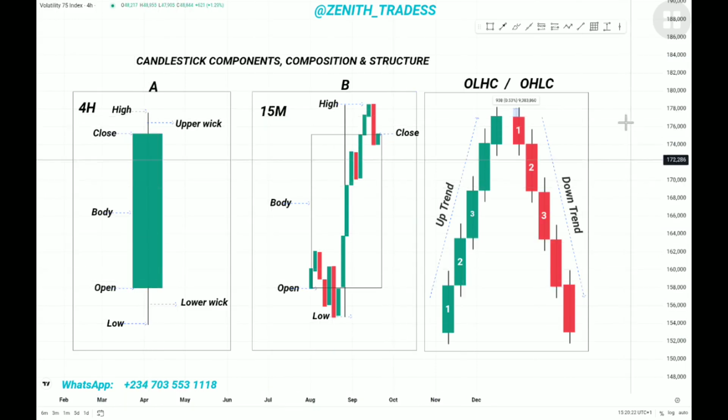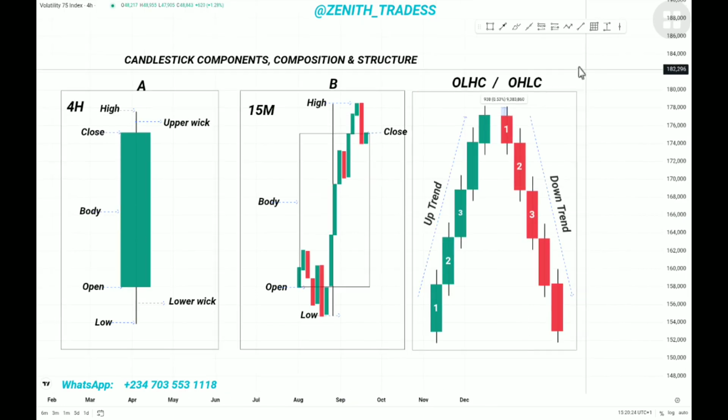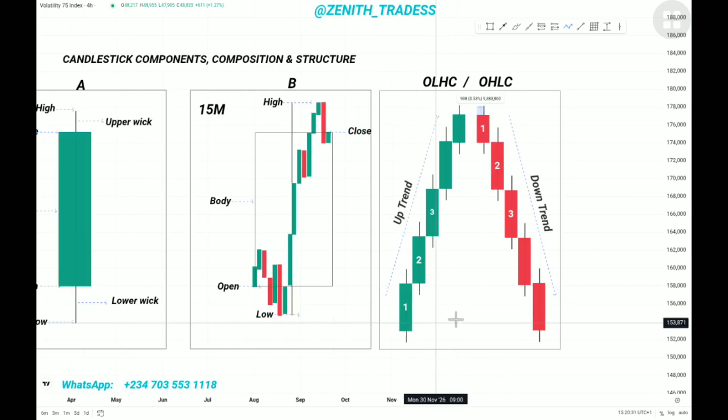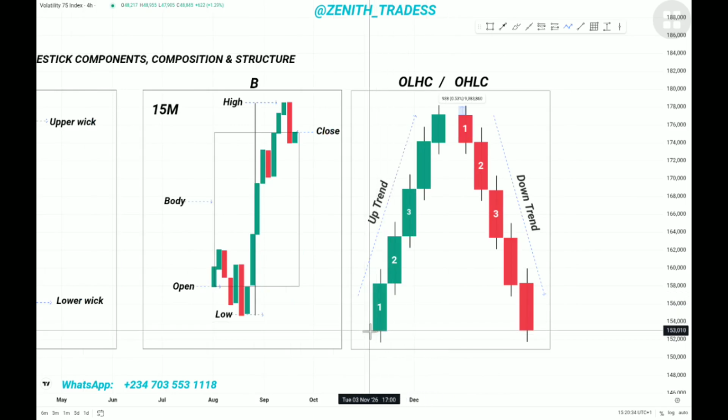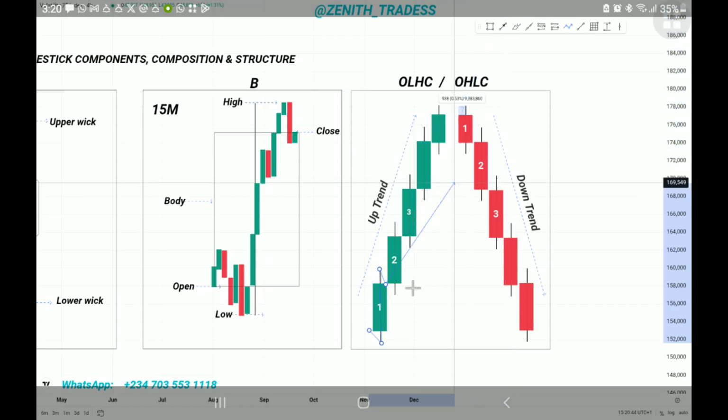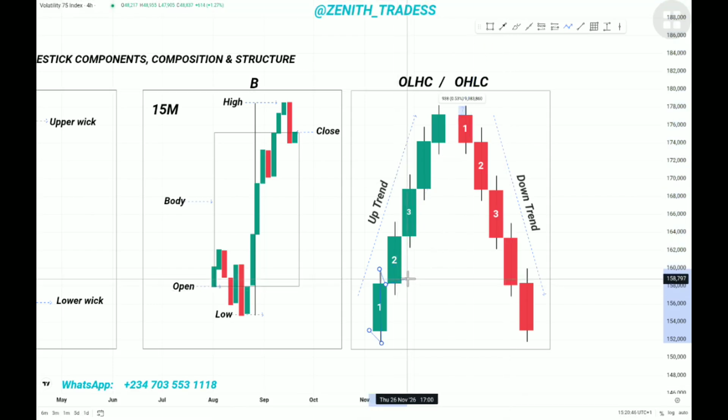Now the structure I drew earlier, when we come here, the formation of these candles gives us what we call trend. See candle 1, I hope we can see clearly. It opens, it gives us a low, high, close. The closing of candle 1 is the opening of candle 2. The same level where candle 1 closed serves as the opening of candle 2. So candle 2 opens at that same level where it closed. It first of all creates a low, high, close.